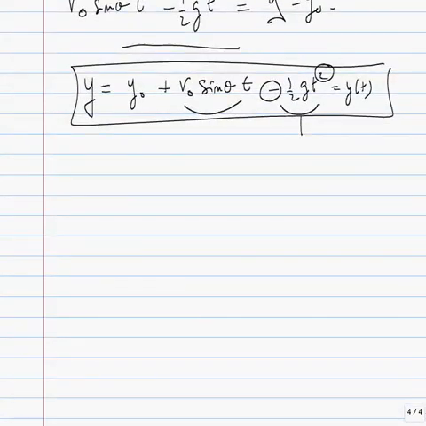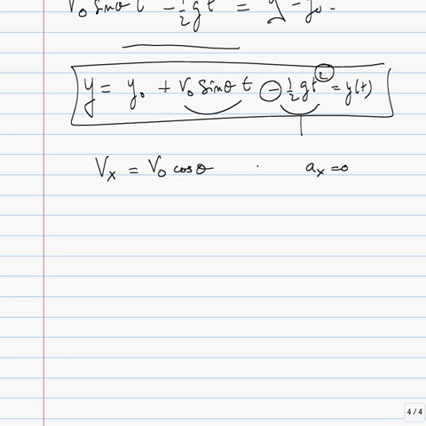Okay, so let's summarize. We have derived four equations of motion. First one was Vx, which gave us V naught cosine theta. This was obtained because we made the assumption that Ax was 0. Therefore, it is expected that if there is no acceleration in the x direction, the velocity in the x direction will not change.